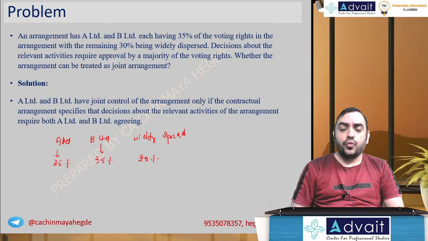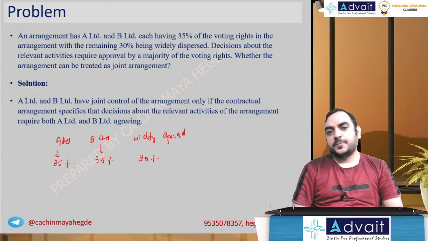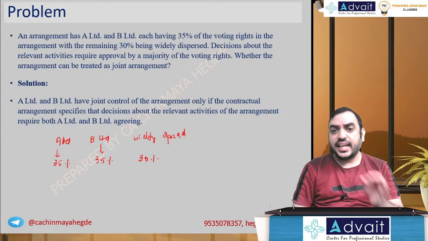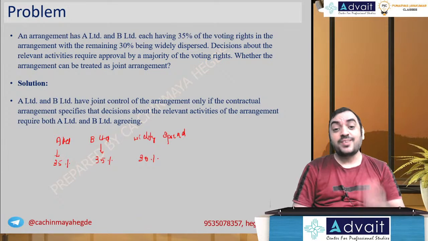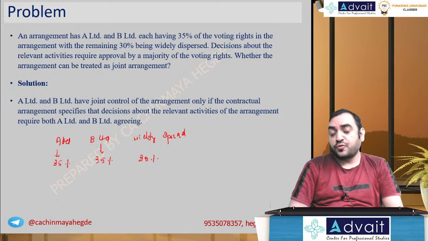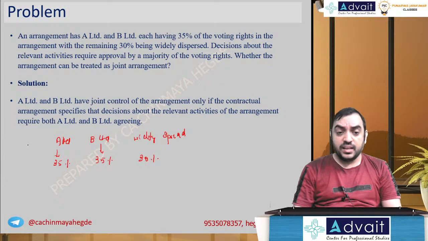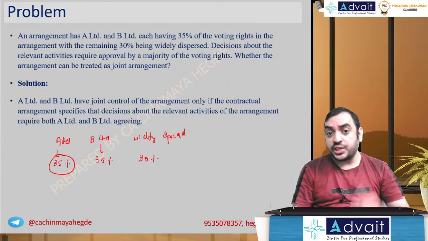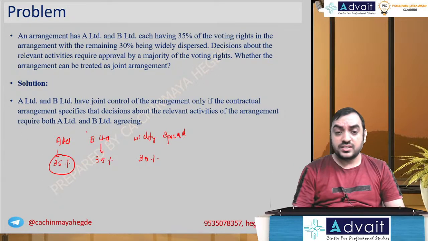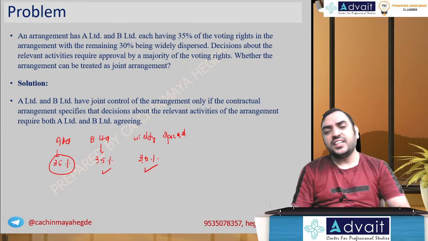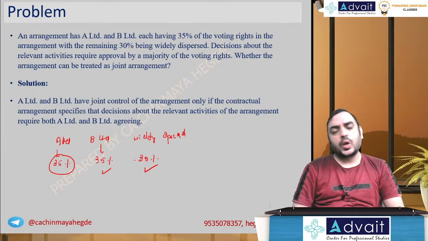Now, what are the facts of the case? First of all, is the decision of A Limited and B Limited compulsorily required? Do they have to come together? Can A Limited stop a decision? No. Majority means 35% here, some 15-16% there, and the majority is crossed.